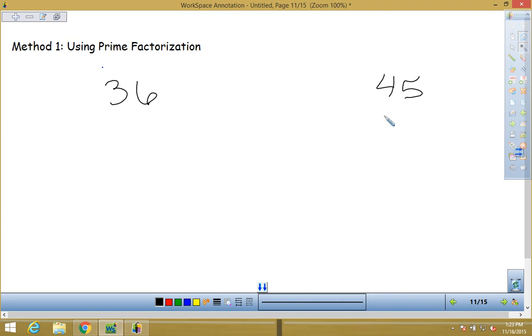So take a minute and go ahead and try and factorize. Remember, in prime factorization, you got to get down to all prime numbers.